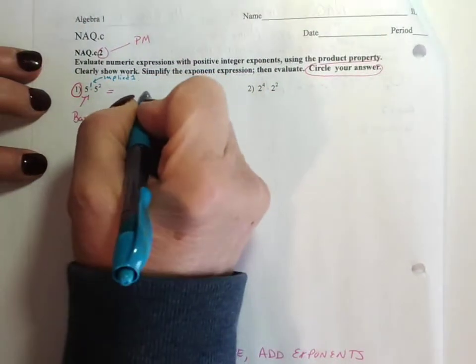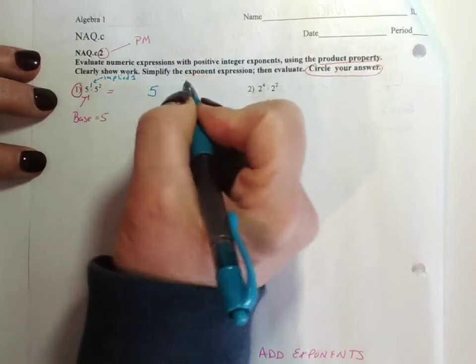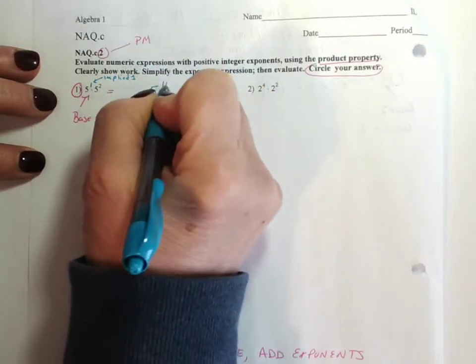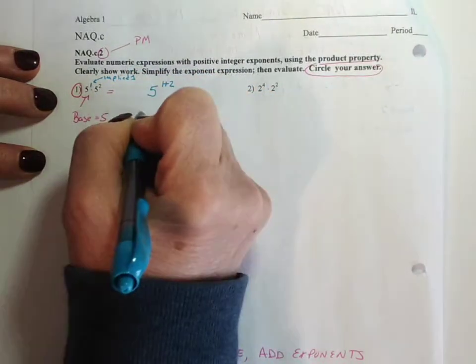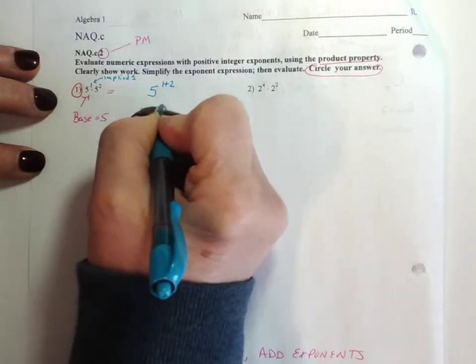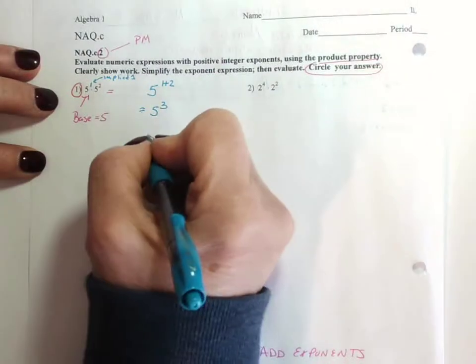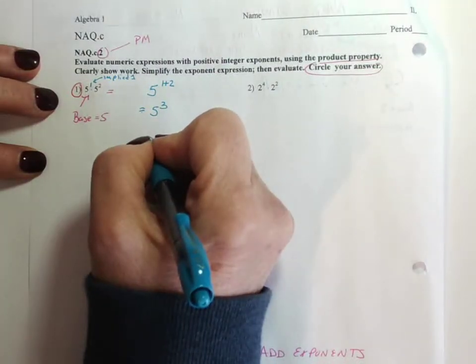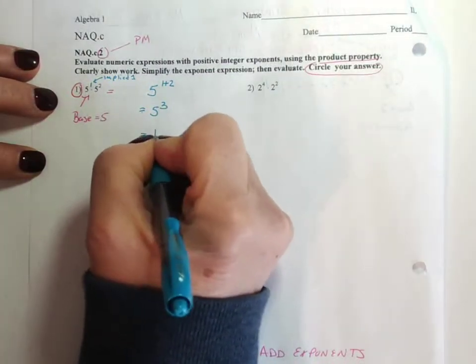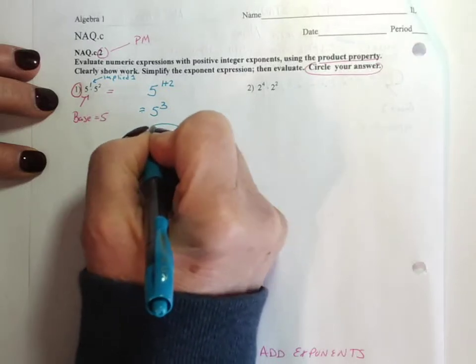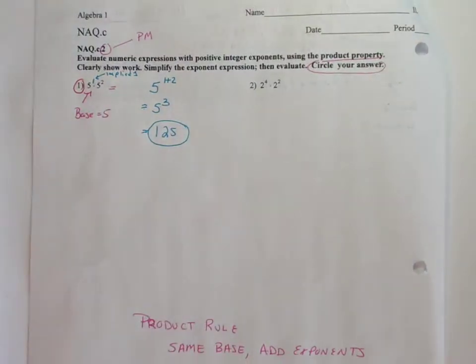It's an implied 1. So our base is 5. We add our exponents. We get 5 to the third. And we say in our head, 5 times 5 is 25, times 5 is 125, and you circle your final answer.